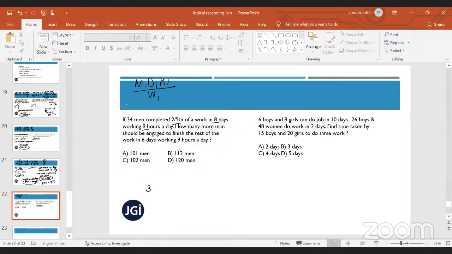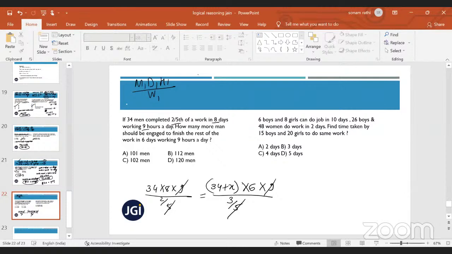34 into 8 into 9 by 2 by 5 is equals to how many more men? So 34 plus X into 6 into 9 by 3 by 5. 5 cancelled. 9 cancelled.